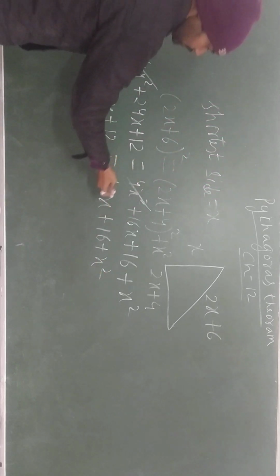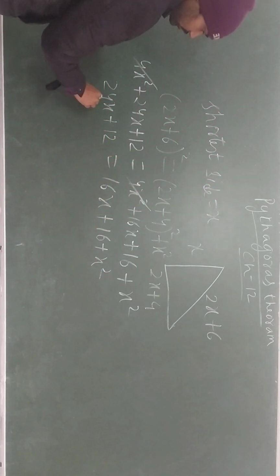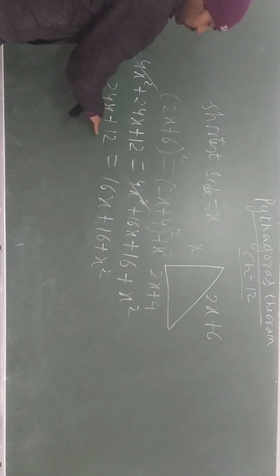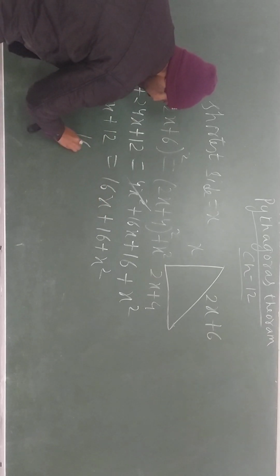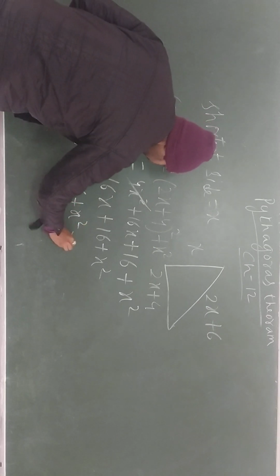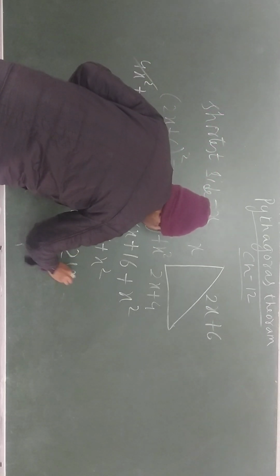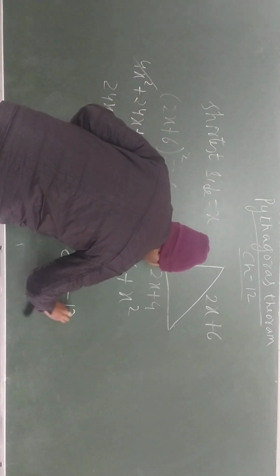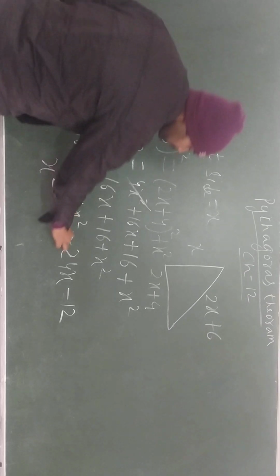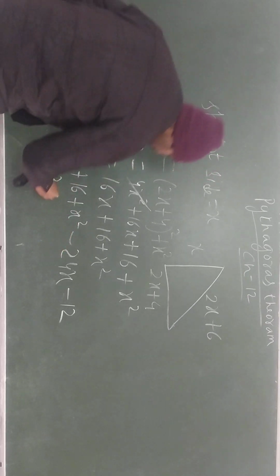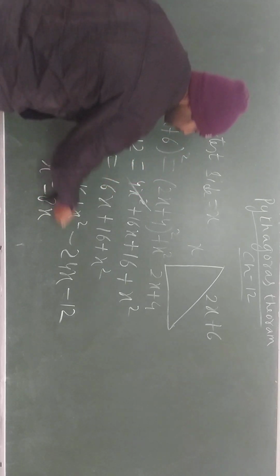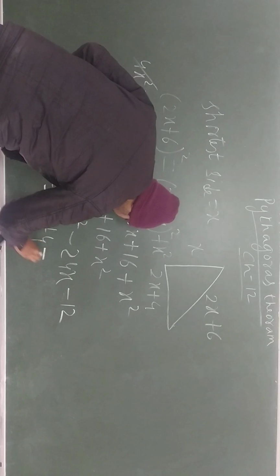Now we will take these values to the other side. So it will be x square, then 16x minus 24x will be minus 8x, and plus 16 minus 36 equals 0.